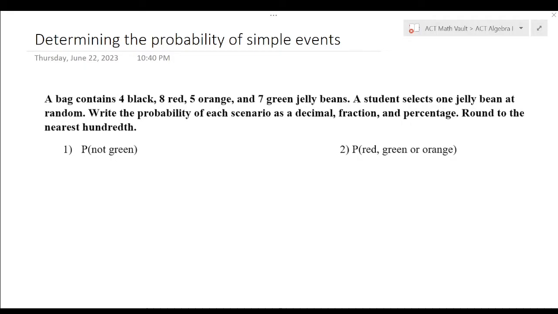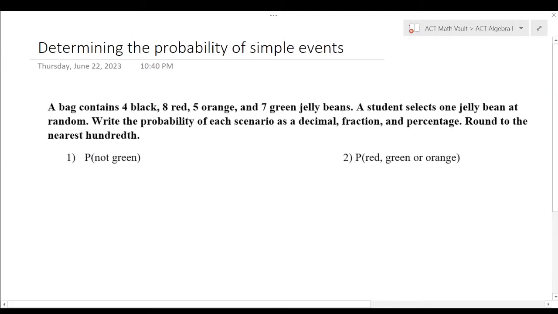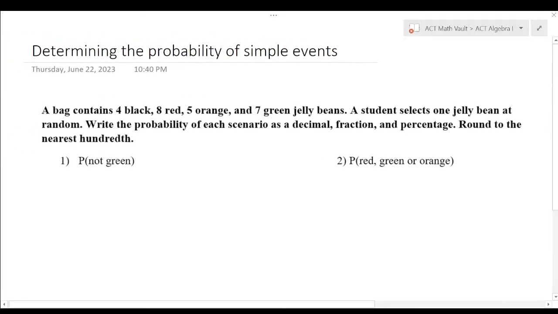So right here, this P stands for probability. I'm not sure if they would use that notation on the ACT, but let's practice it just in case. So the probability of pulling a jelly bean that is not green is the case that we have here for this first one.